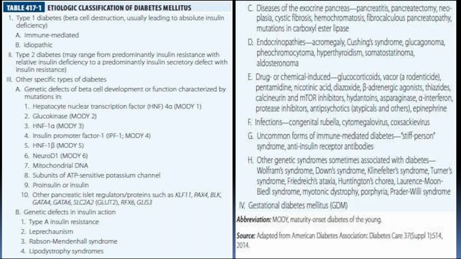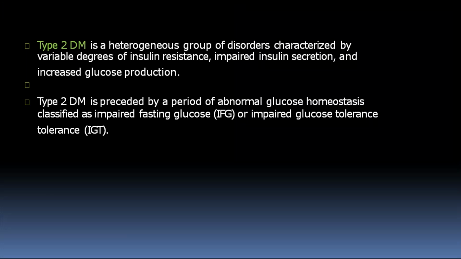So these are the etiological classification of diabetes mellitus: grossly type 1, type 2, and then the other specific types of diabetes, where there are mutations or genetic defects of beta cell development, and secondary causes because of endocrinopathies, drug induced, infections, or disease of the exocrine pancreas, and gestational diabetes mellitus. All these are the other specific types of diabetes that can happen.